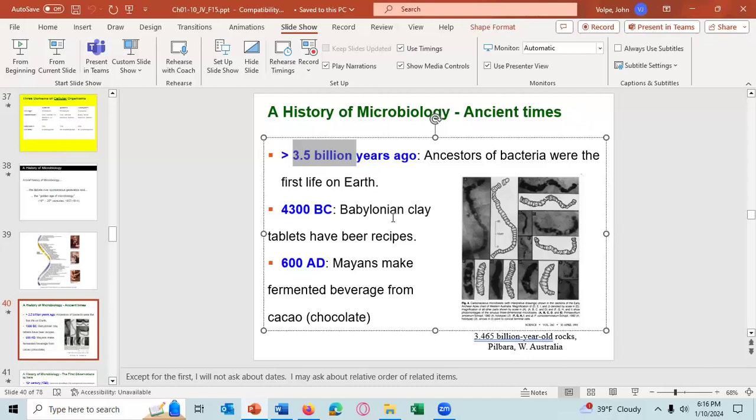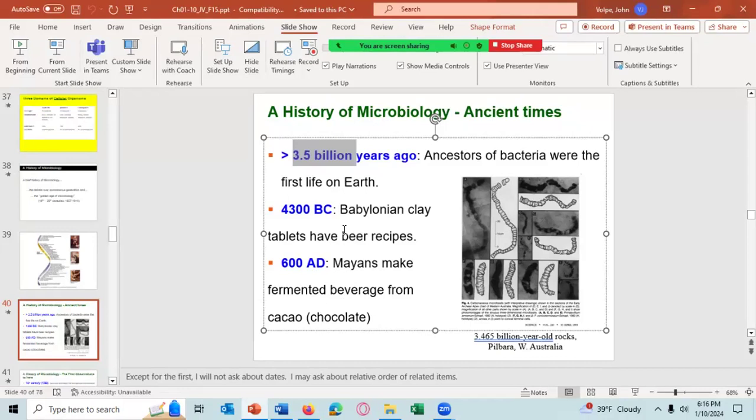You don't need to know any of these dates, but before the Mayans could ferment chocolate, there had to be something earlier. The Babylonians wrote the first records referring to microbes, because they were using the microbes to make beer.